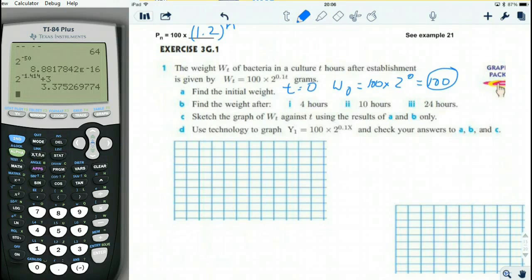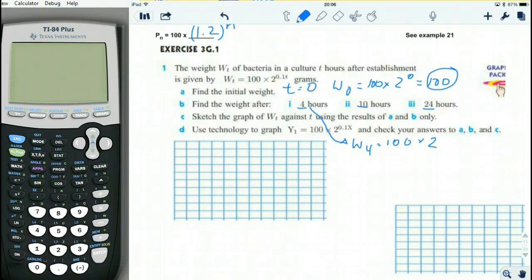So we could just take the quantities of time, 4, 10, and 24, and plug those in, and then that should give us the weights. So the weight after 4 hours is equal to 100 times 2 to the 0.1 times 4, so it would be 2 to the 0.4.